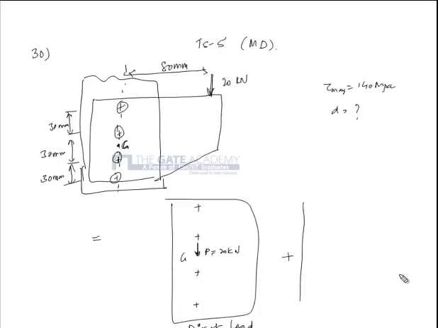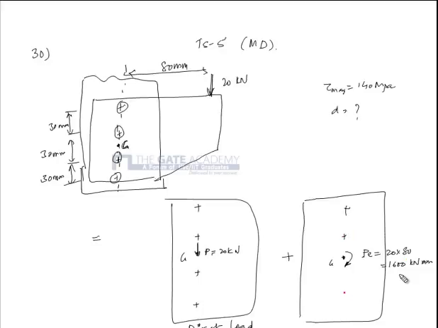plus the secondary loading, which at G is a moment because of this P, equal to P into E, that is 20 into 80, or 1600 kilonewton mm. That is the loading.